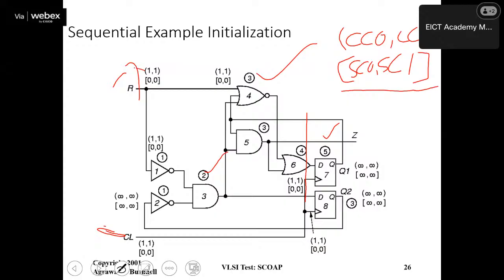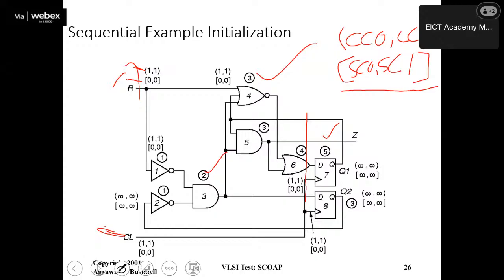So this is the combinational controllability and this is the sequential controllability. The thing is, sequential controllabilities will always start with 0. Combinational controllabilities, easiest level, we are going to start with 1. And sequential controllabilities, we are going to start with 0, right? Because input means we have not invoked anything, right? Easiest level, we will be taking that 0. By default value for sequential controllabilities, we will be taking 0, unless it is told that this particular value you have to take.